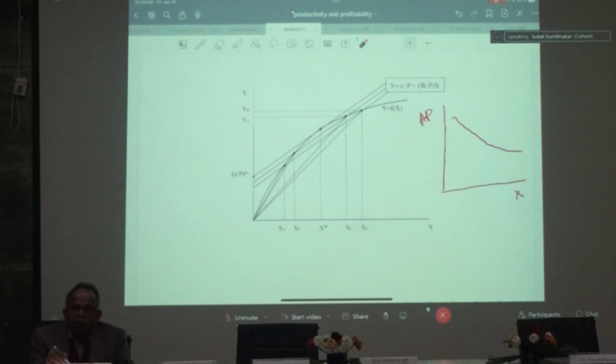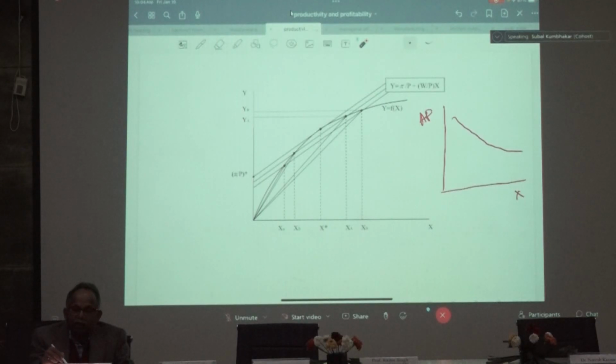If I focus on this point and ask what the profit is, you draw a straight line through this point, and the vertical distance indicates profit, pi over P. Now I have drawn several lines, one through this point, another through that point, and these lines are parallel, right?